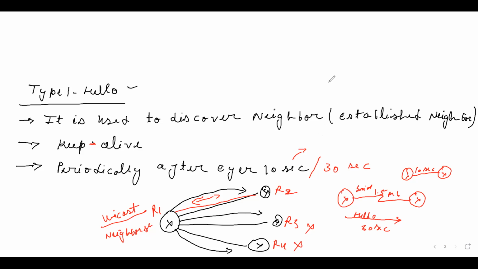Suppose this is my router and this is my router, both connected. R1 sends hello to R2 every 10 seconds, but R2 is not replying.